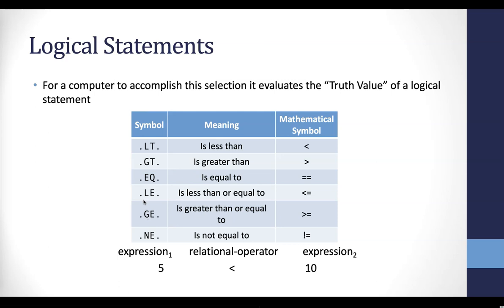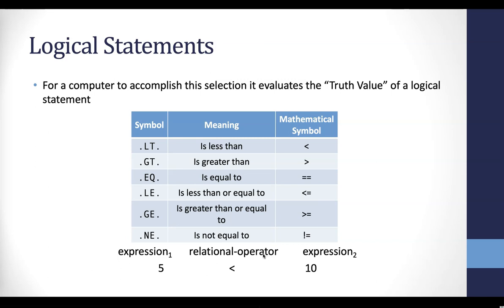And so what we're going to have to do to use these logical statements within FORTRAN is set up what we call logical expressions that use one of these operators to determine whether something is true or not. Here we have 5 less than 10. Is that a true statement or a false statement?